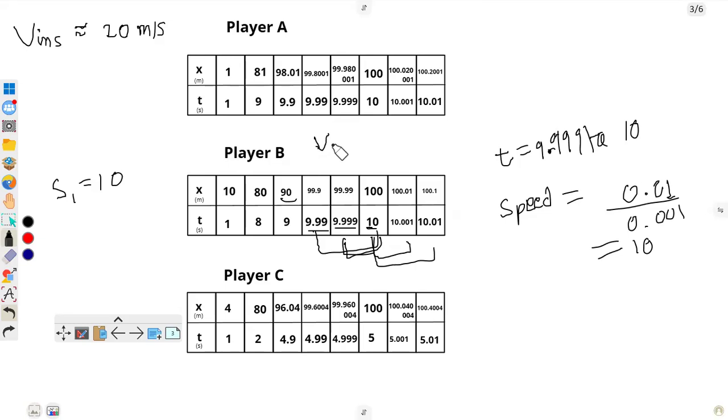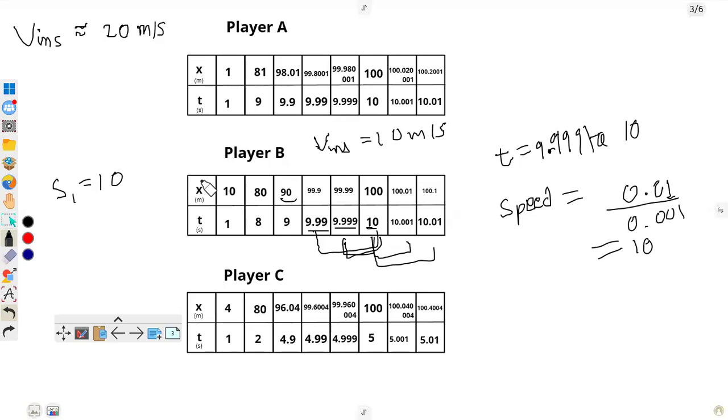So we can safely assume that between these time intervals, there was nothing sudden. You guys get what I mean? There was no sudden change in speed of player B. Then we can safely say that V instantaneous will actually be 10 meters per second.